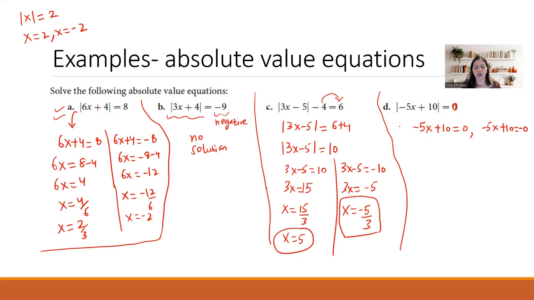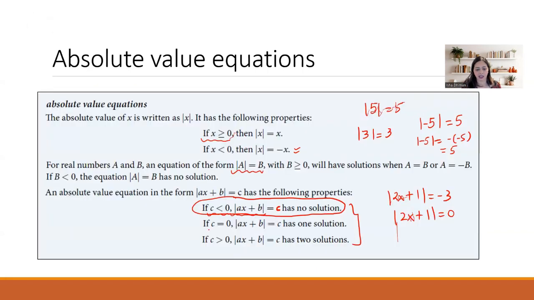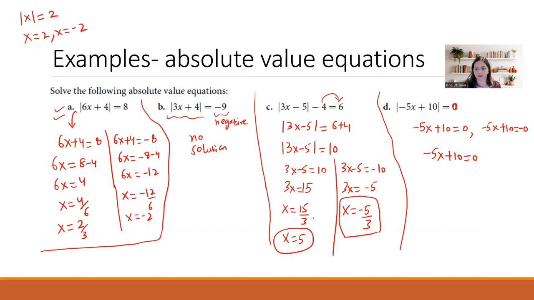Now, since 0 is the only number for which plus 0 and minus 0 are the same, eventually they are not two equations. You're practically solving one equation only. So that's why we say that if the right-hand side constant is 0, you'll get only one solution.